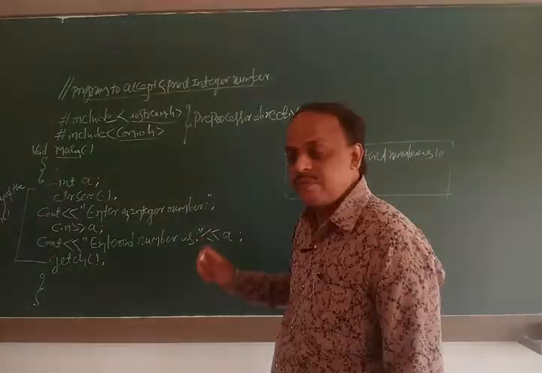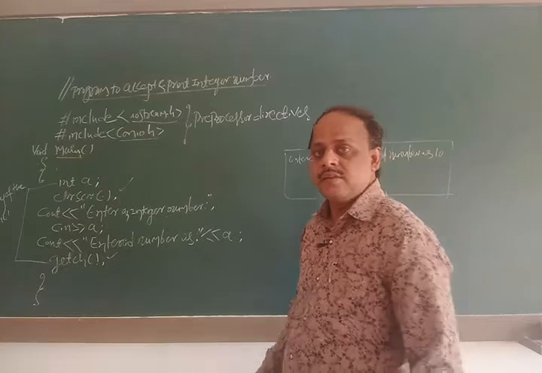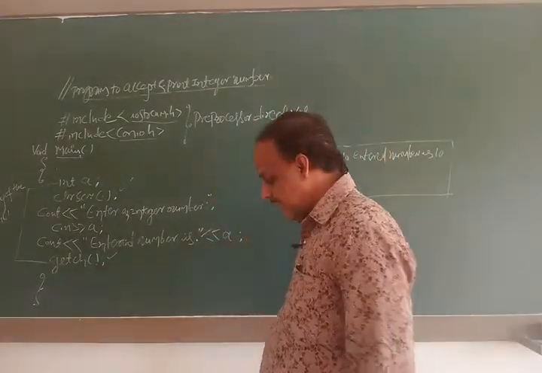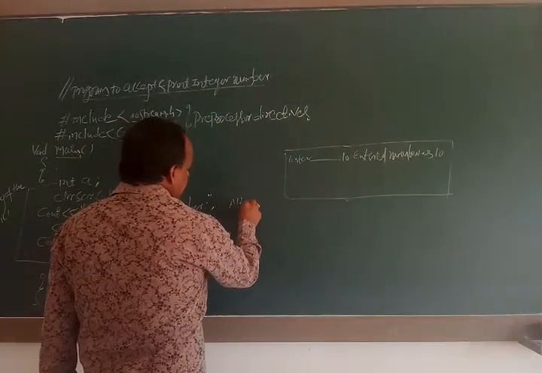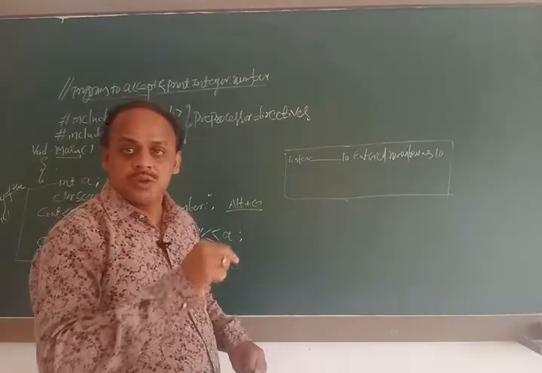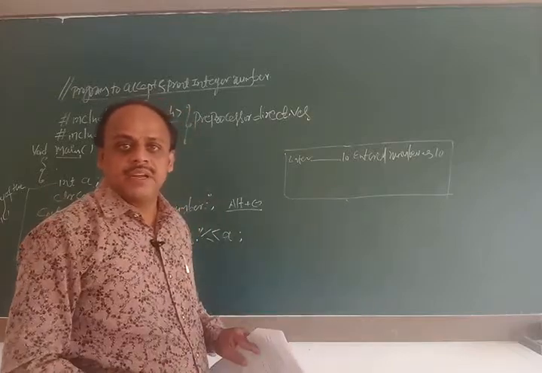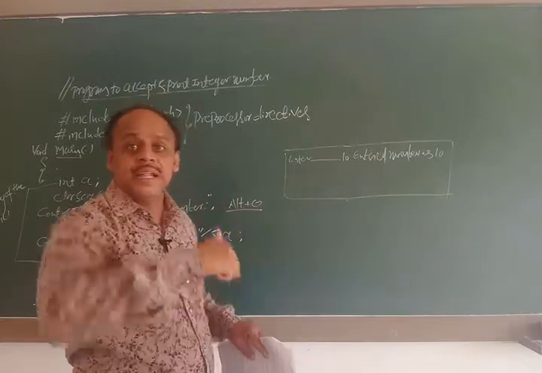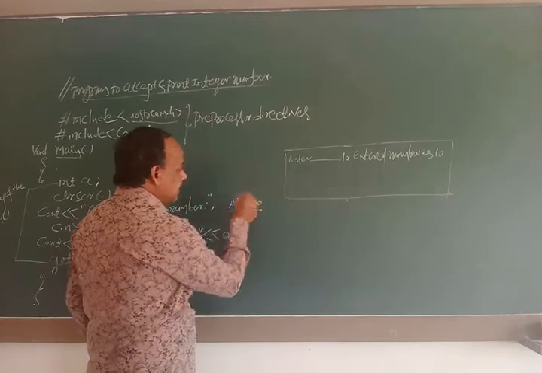See, what is the use of this clear screen function and getch function? See here, first after writing the program like this, we have to press what? Alt plus C, right? Alt plus C means don't think of it as Alt plus the operator C; it is not like that. When we enter the Alt as well as the C button at a time, that situation is indicated by Alt plus C, right?